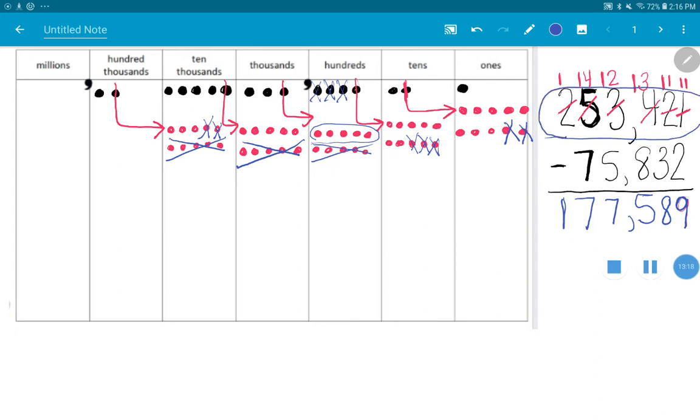And then you would add 75,832 to 177,589. Exactly. We're going to take our 2 parts, the part we subtracted and the part that we found. If I take those 2 parts and add them together, I should get the total that I started with. That's a way that we can always go back and check our work.